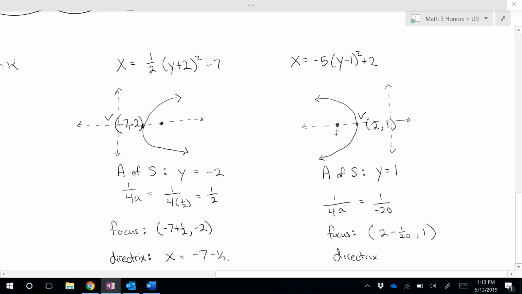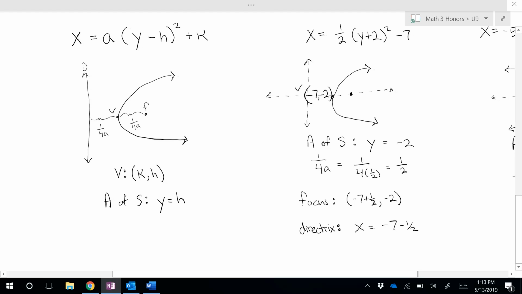So I see where you're coming from. Let's put the general formula for the focus, and I think you'll see the connection. The general formula for the focus would be k plus 1 over 4a, comma h. Now, like what you guys are pointing out, if a is negative, it becomes k minus that number.